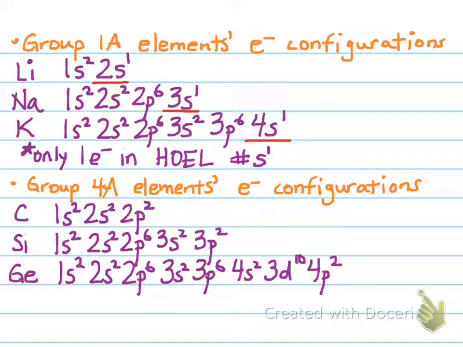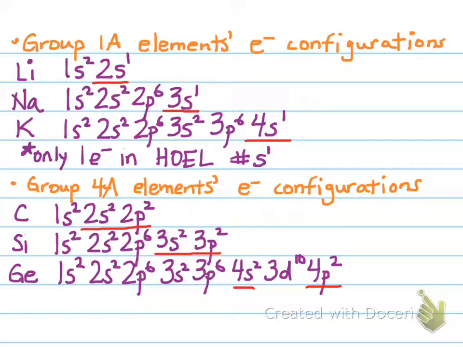We want to specifically look at that highest occupied energy level. So I'm going to underline the portion of the electron configuration that is the highest occupied energy level. And remember, technically the 3d10 is part of the third energy level, so it is not in the highest occupied energy level.